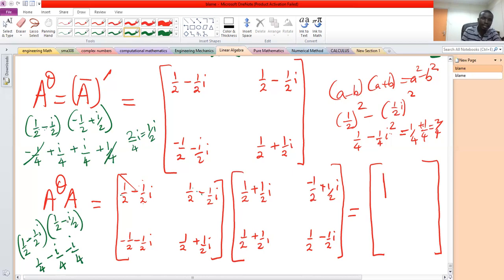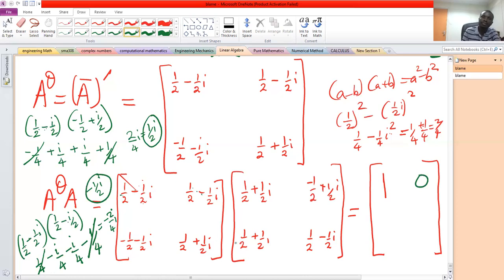Minus minus is plus, but I times I is I squared, which is -1, so I'll have minus 1 over 4. So this and this cancel out. This will give me minus 2 over 4i, which is minus a half I. Remember I had a half I, so plus minus a half I, I get 0.